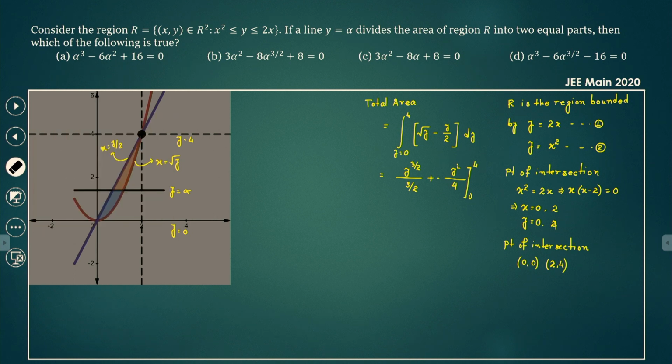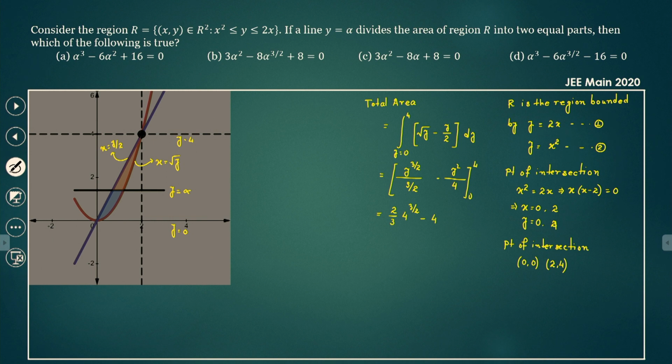Now we need to find the value of the definite integral. Let's calculate that. 0 is gone, so we get 2 by 3 times 4 to the power 3 by 2, minus 4 square by 4. 4 square is 16, and 16 by 4 is 4, so that's minus 4.